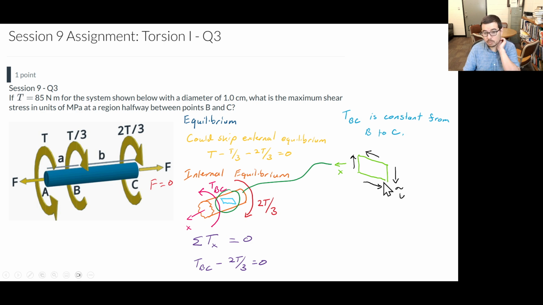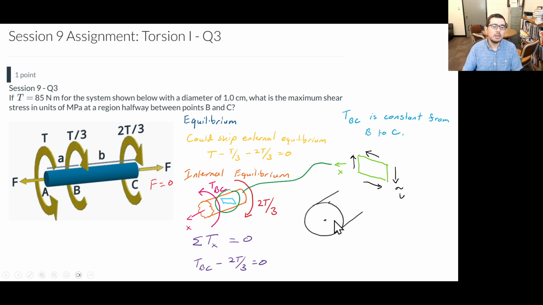For this element to be in equilibrium, we have to have corresponding shear stresses acting on the top and the bottom portions. So this idea of depicting deformation gives us an idea of how the shear stress is acting on a material element on the surface of the cylinder.